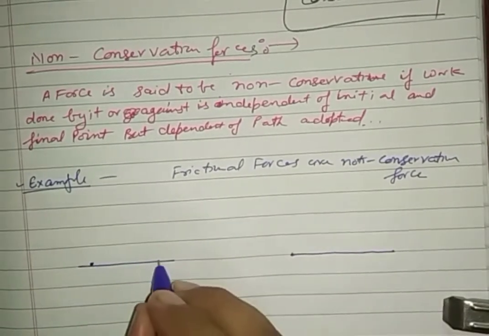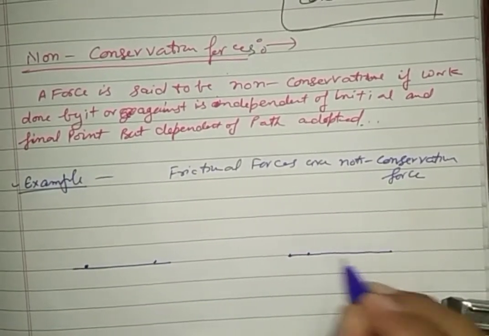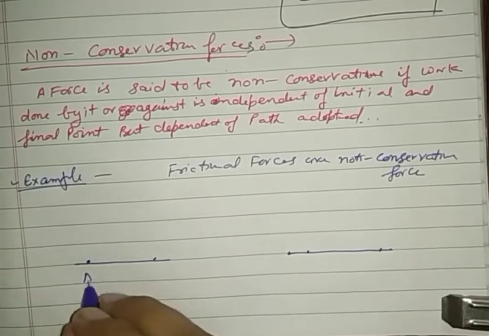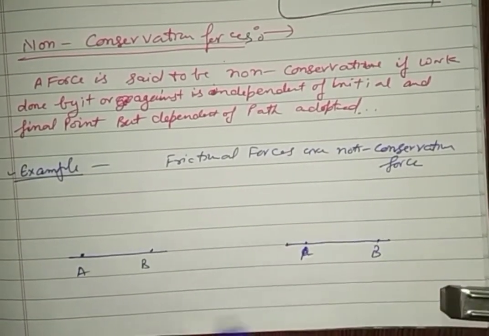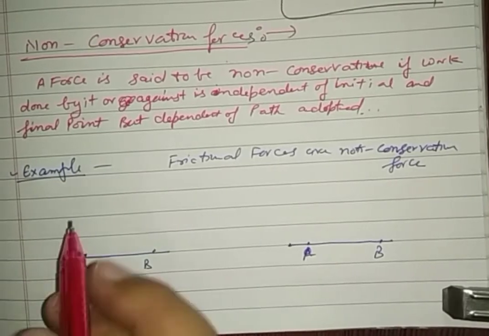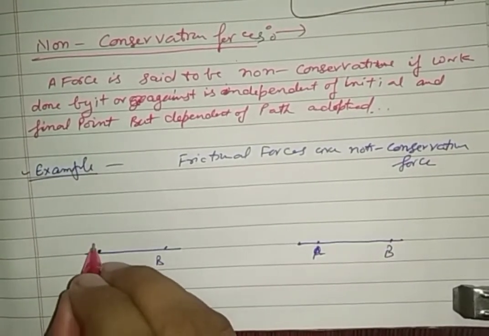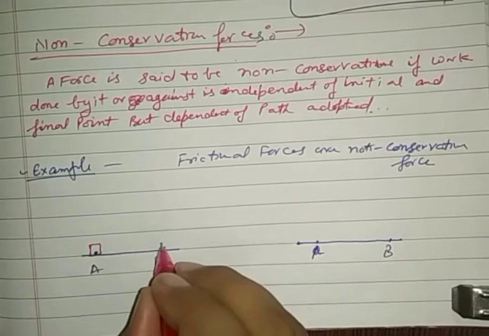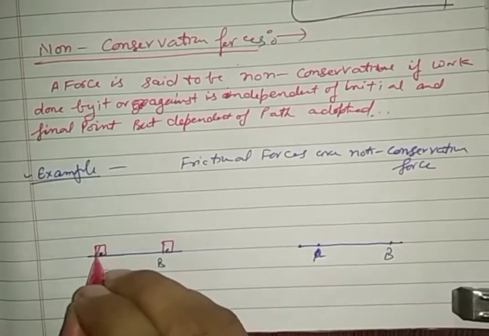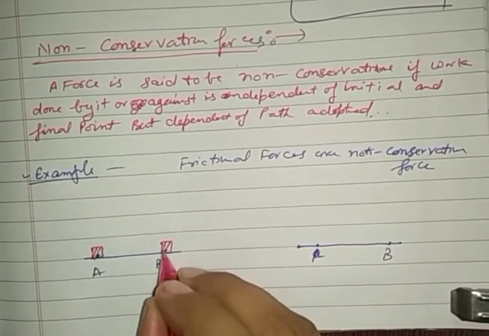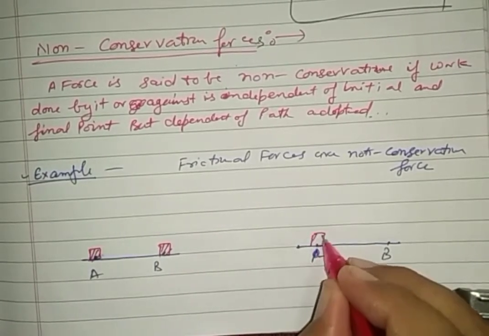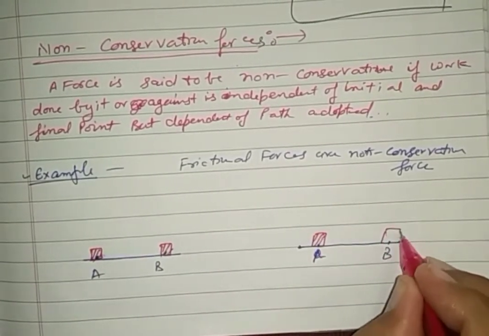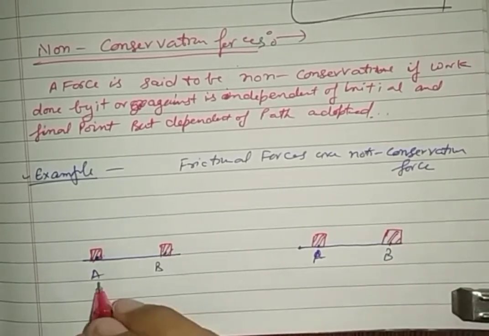Bodies move from the initial to the final point, A to B here. Listen to the explanation very carefully. An object is brought from A to B here in this case, and the same object is brought here in this case also.